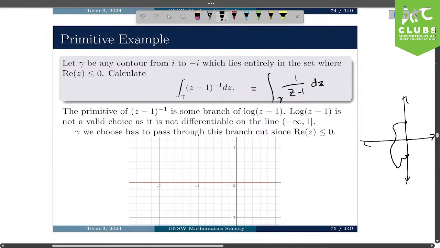It's not holomorphic at the point z equals 1. And that means that a contour that traverses in this direction, for instance, the integral along that one could have a different value to the integral that traverses in this direction, the direction that we want. So it is not necessarily true that whatever antiderivative we find is going to be the correct one.